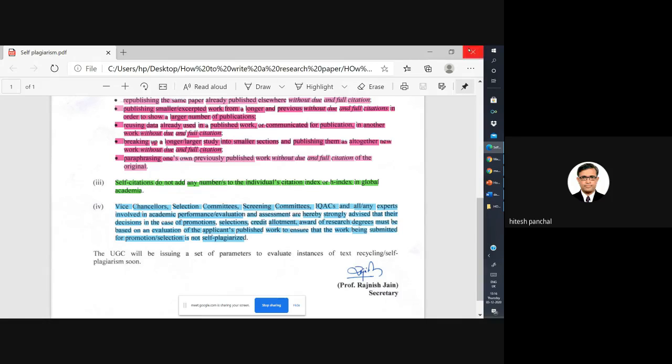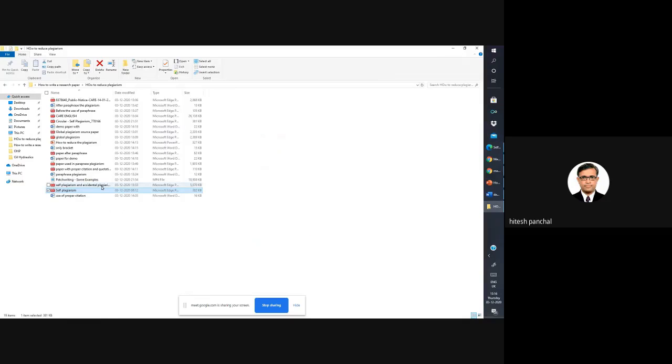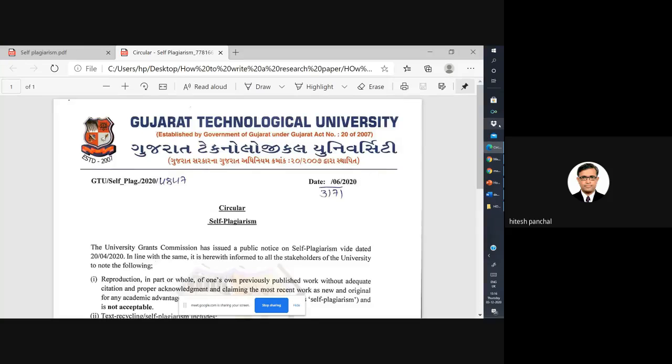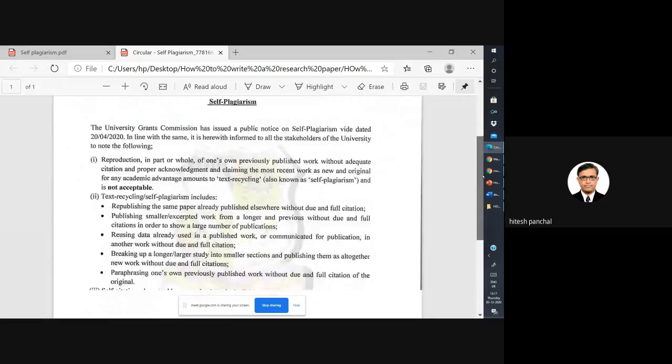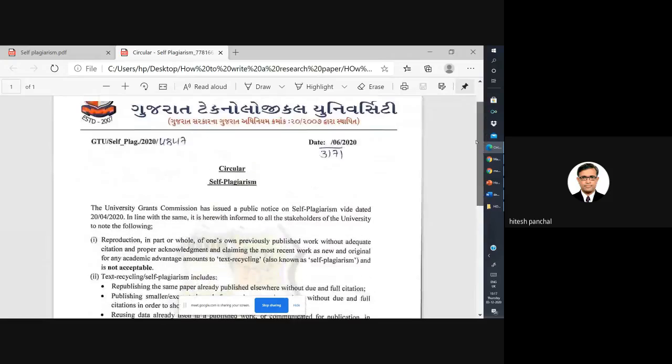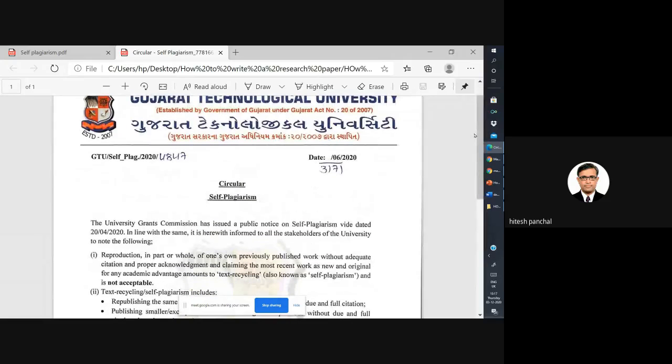Now if I show you the same thing in GTU, you can understand easily. This is also published by Gujarat Technological University on 3/7/2020. In Gujarat Technological University, they have also taken the same rules as given by the University Grant Commission for self-plagiarism.